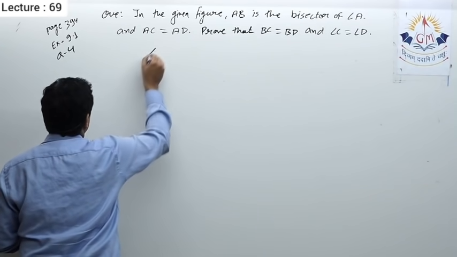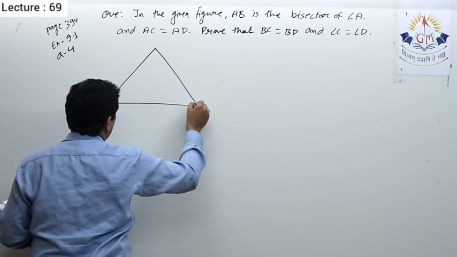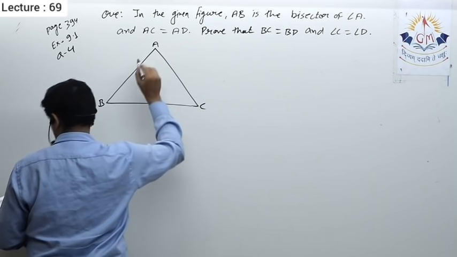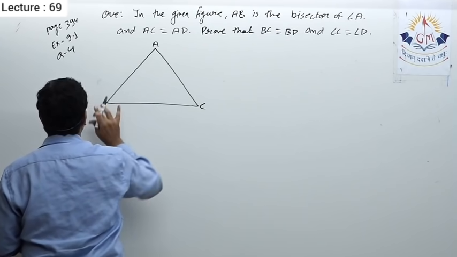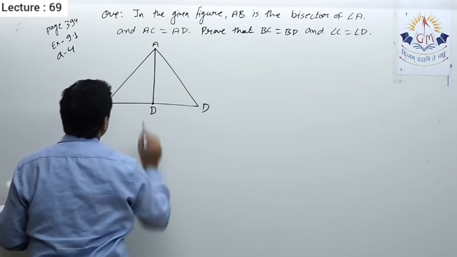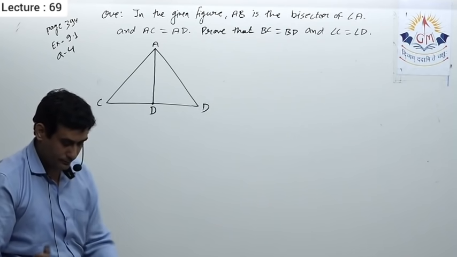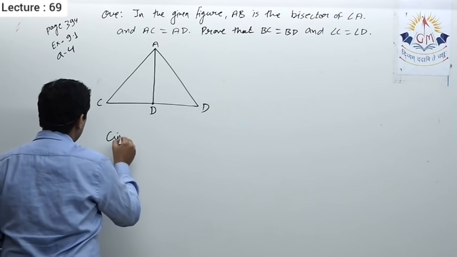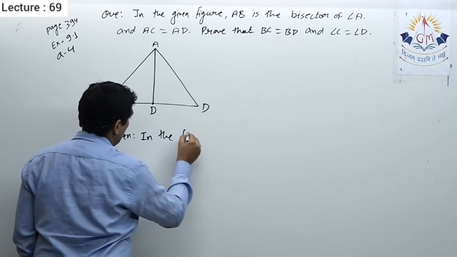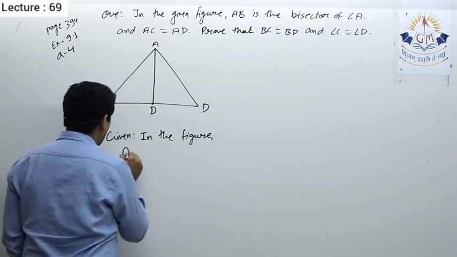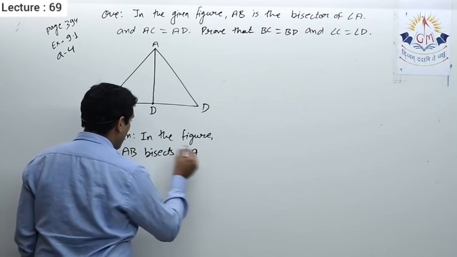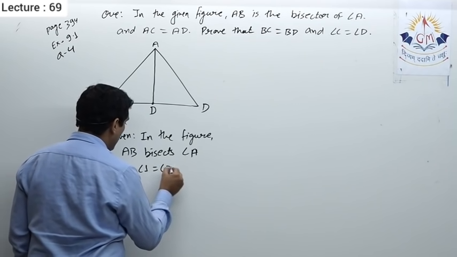So here is the diagram given in the question itself. This is triangle ABC, this point is C and this point is D. AB is the bisector of angle A. So what we have is, AB bisects angle A, that is angle 1 is equal to angle 2.